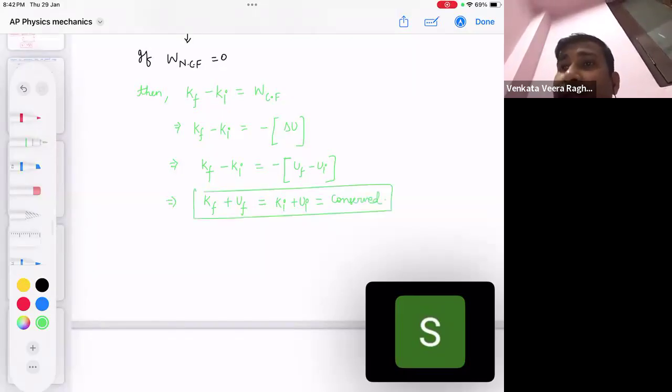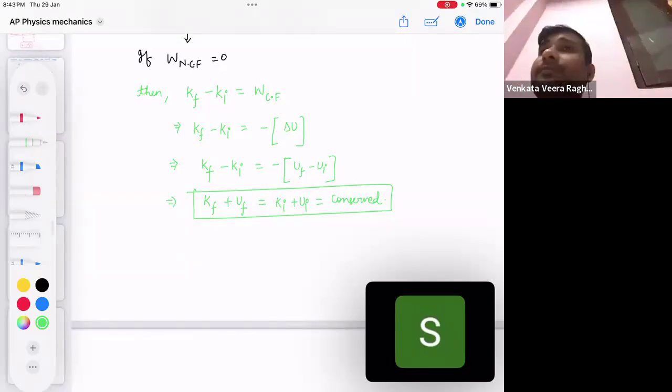That means K plus U will be conserved, or you can say total mechanical energy is conserved. But to apply mechanical energy conservation, what is the condition needed? The first and only important condition for applying energy conservation is that there should not be any kind of work done by non-conservative force.